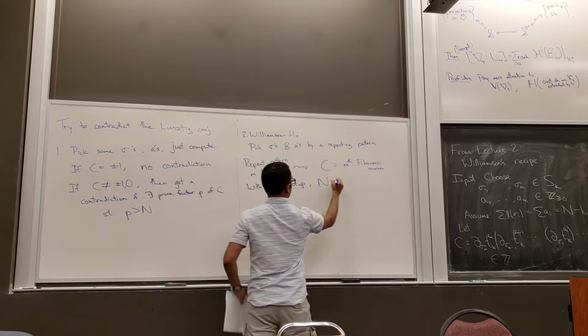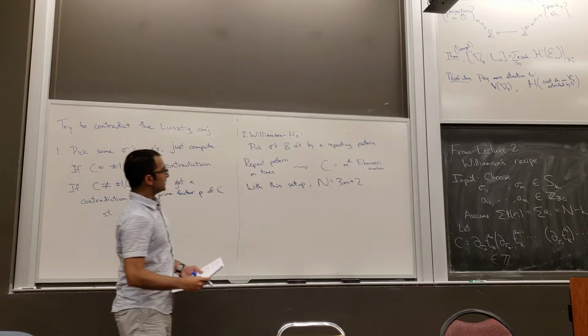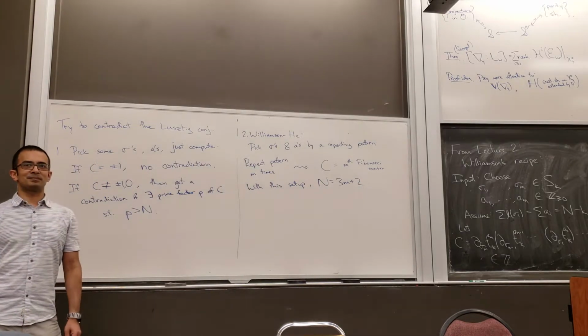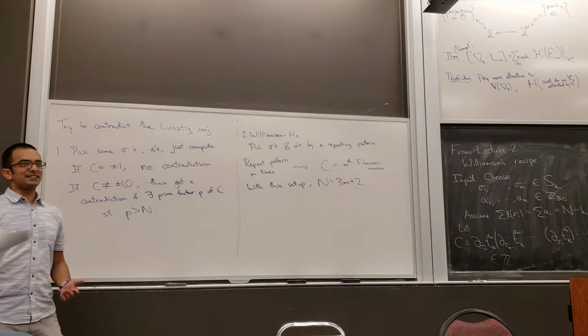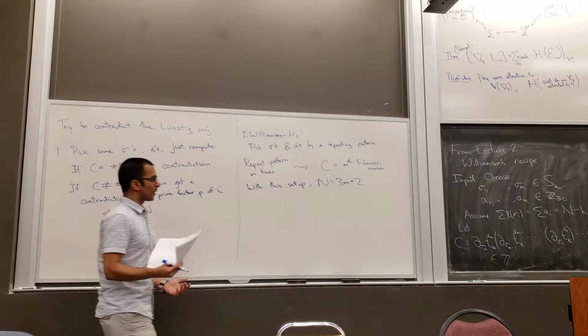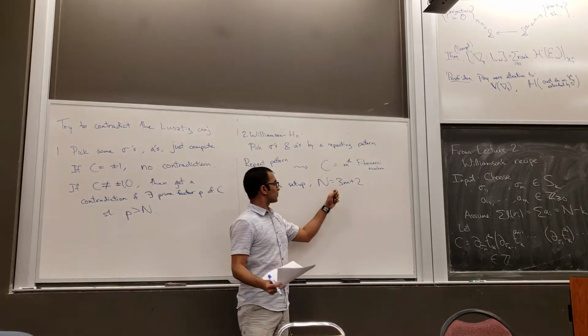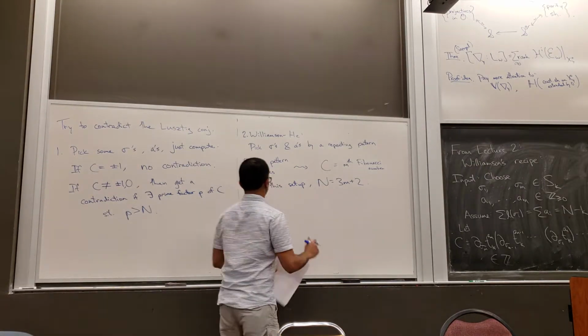Capital N is 3m plus 2. And so now you can just try this for yourself. Start listing Fibonacci numbers and see when the mth Fibonacci number contains a prime factor larger than 3m plus 2.